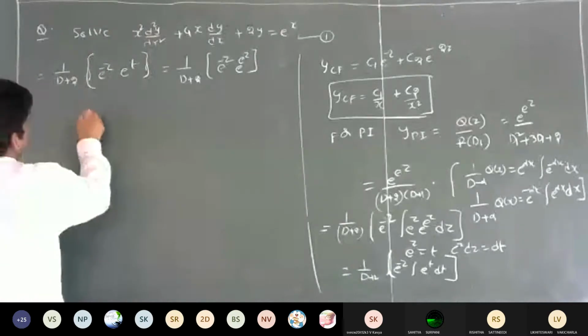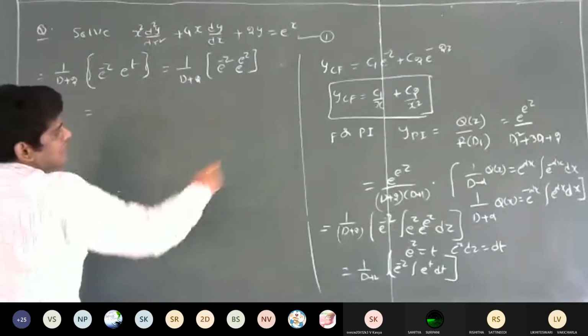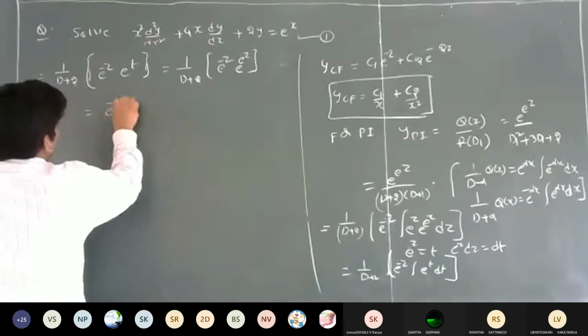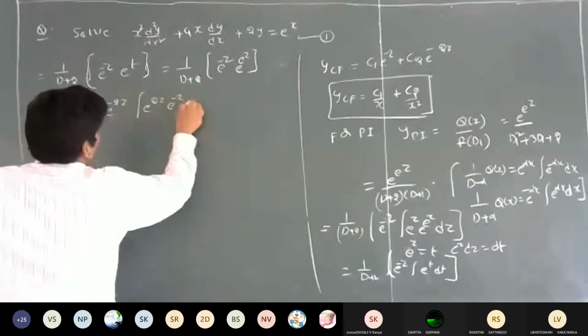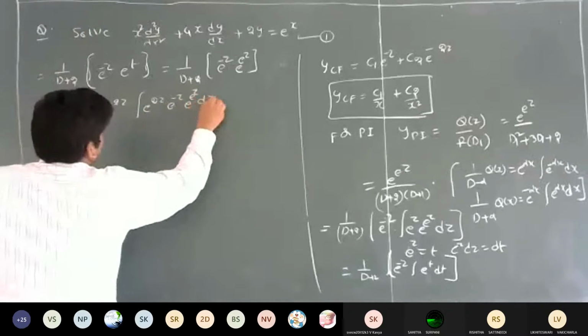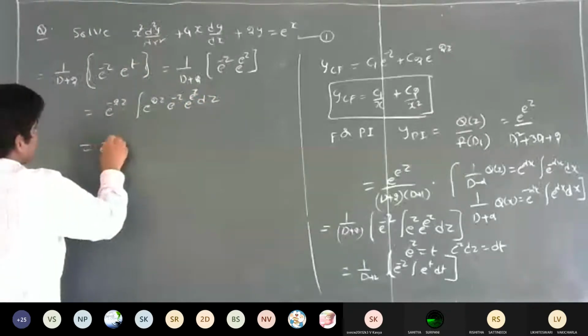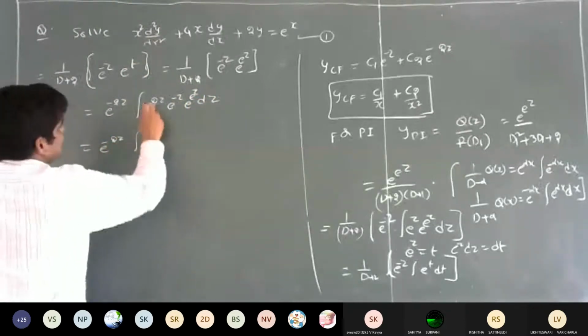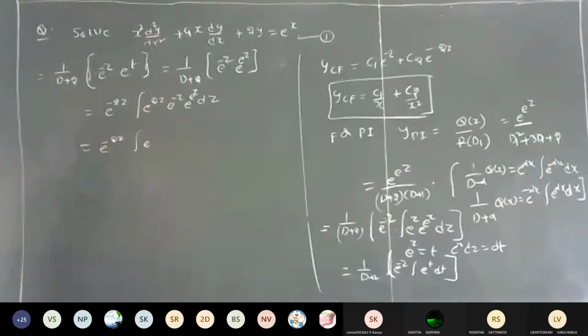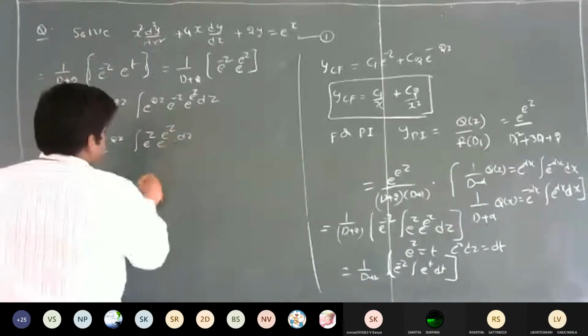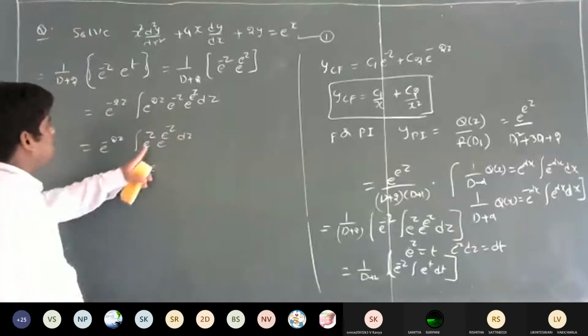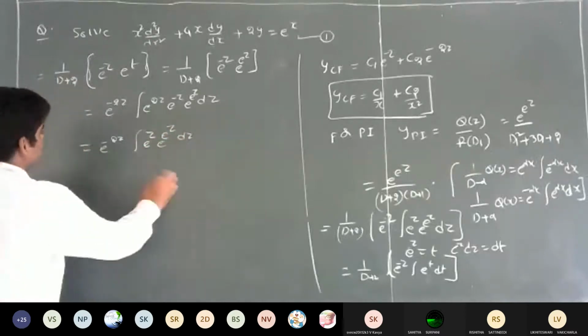Now coming to the second one. It is again of that form. Here e power minus 2z integral e power 2z into e power minus z into e power z dz. That is e power minus 2z integral e power z into e power z dz. So again e power z is equal to t, e power z into dz is equal to dt.